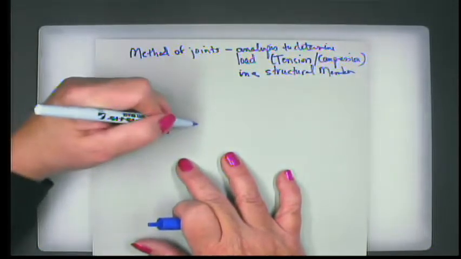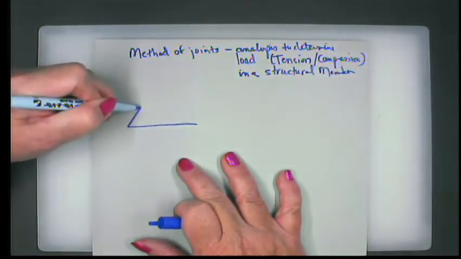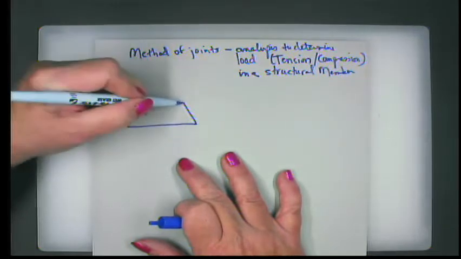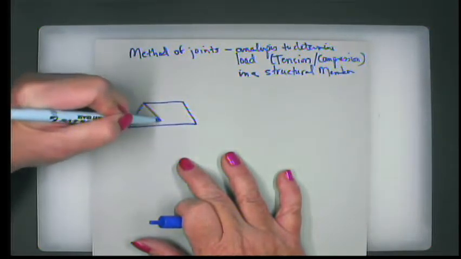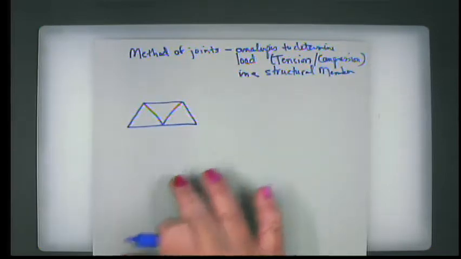So if I were to draw a simple little Warren truss like this, all right?